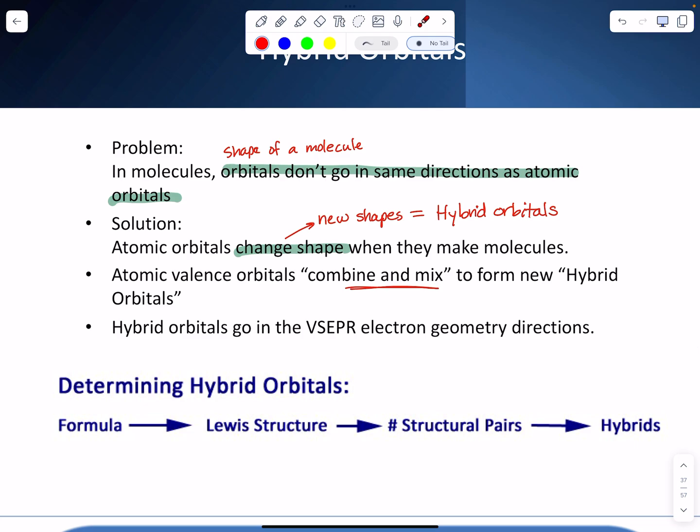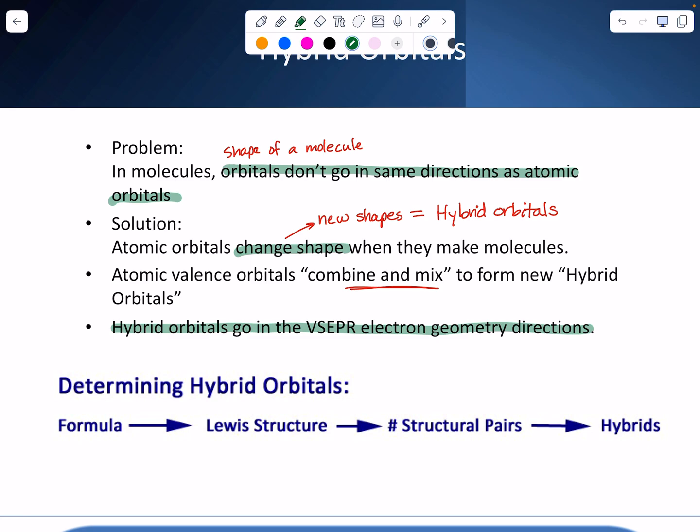All right, so the other key part of valence bond theory is that the hybrid orbitals go in the VSEPR electron geometry directions. Convenient, right? Our observation is that our atomic orbitals aren't going in the directions that match the shape of the molecule.